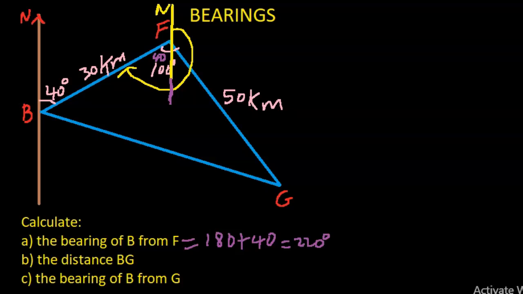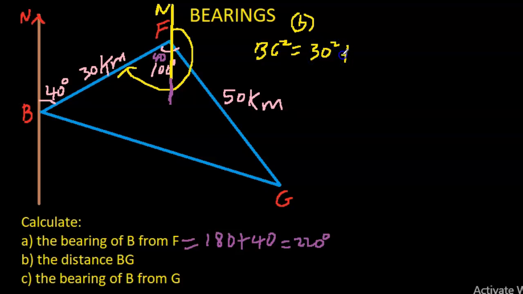So 220 degrees. Okay. Next, the distance BG. Definitely we can use the cosine rule. So for distance BG, you can apply the cosine rule and say BG square is equal to 30 square.